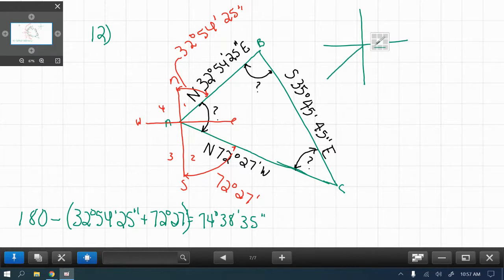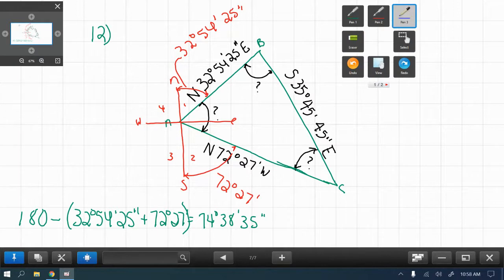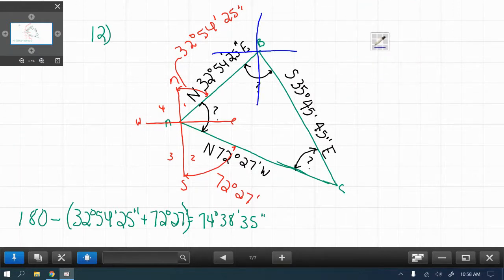B to C. Yeah, it might not work out too bad. Looks like this. That's the 32 degrees there.